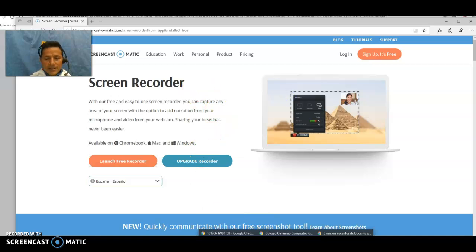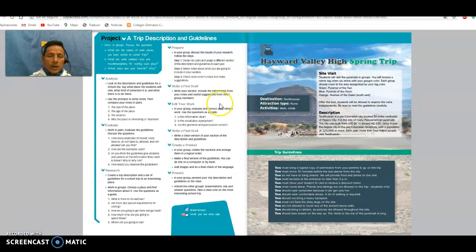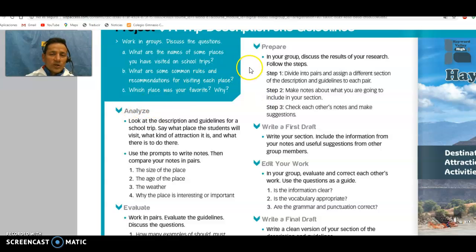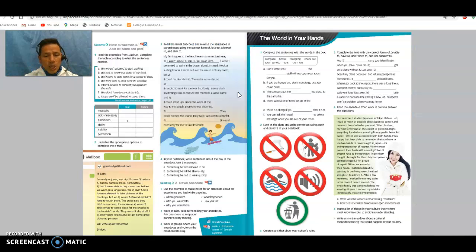So let's go here. Look, notice the project. Notice what you need to do. In other words, what you need to do is something very simple. Imagine you are going to visit a spectacular place in Colombia. The project you're going to write is about Colombia.